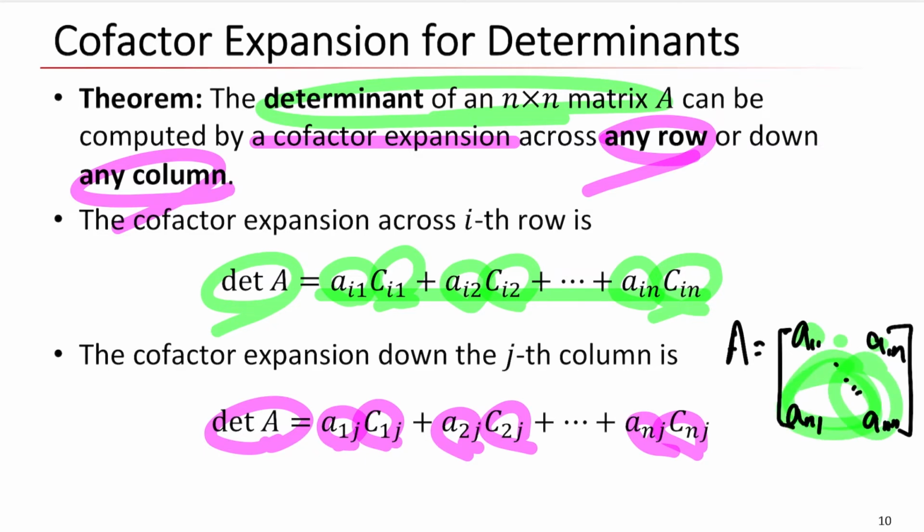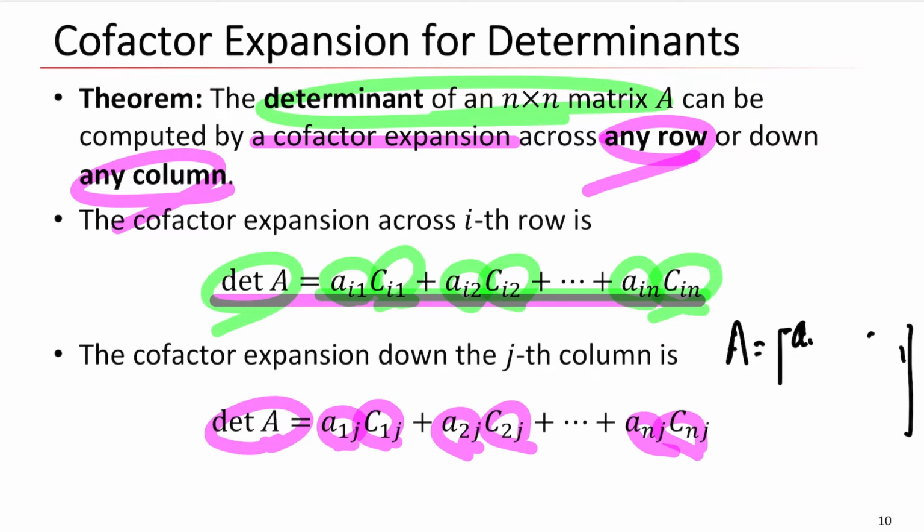This is the cofactor expansion across the ith row, or A11 down to An1, or we can use this column vector, or this one.